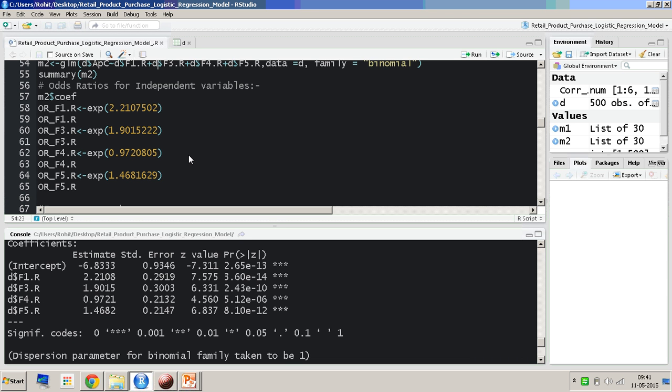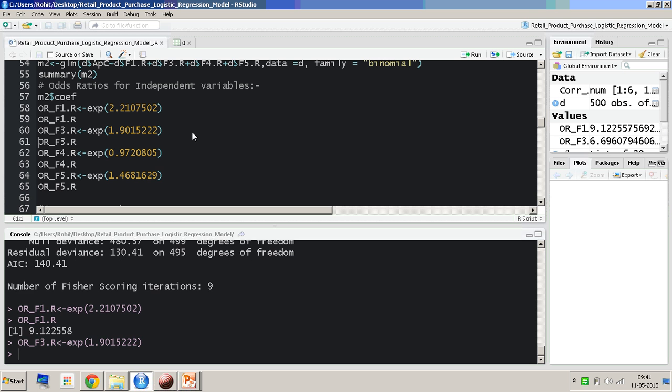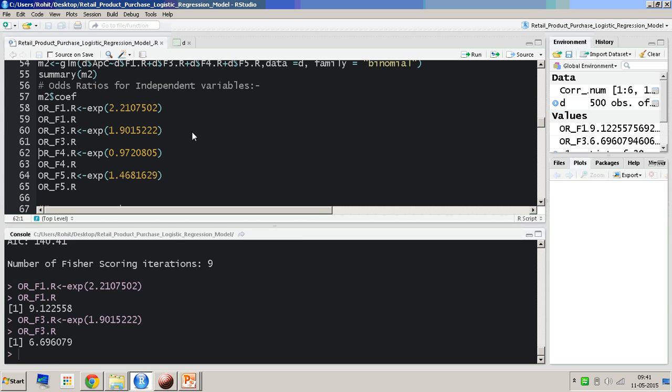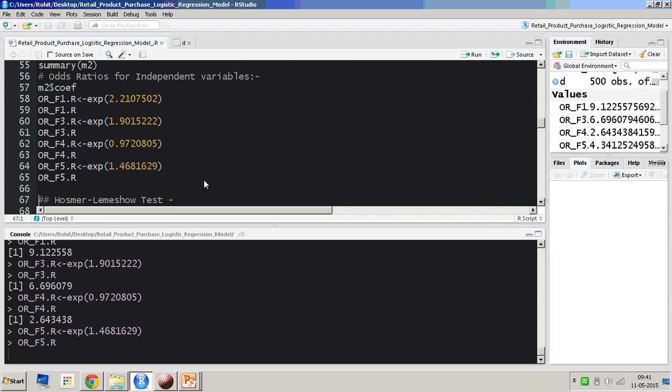Then the odds ratio which is achieved over here by these two lines of code, that is 9.12, is the odds of influence by this particular variable on the dependent variable, or the outcome, the probability of the dependent variable ending up being 1.